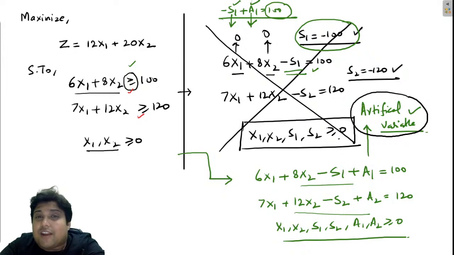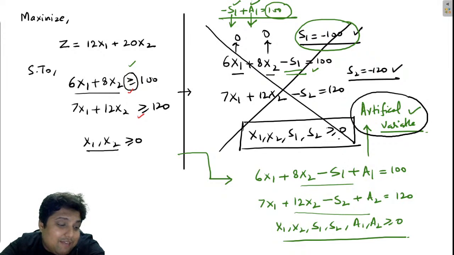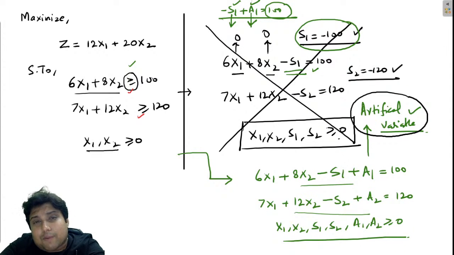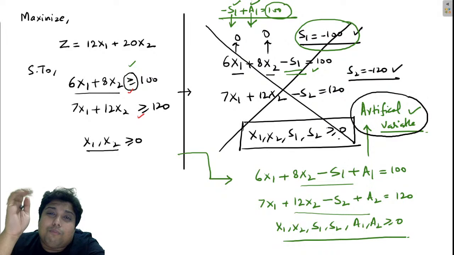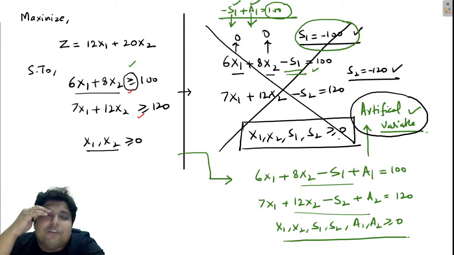So basically, my friends, the artificial variable that we have introduced has completely destroyed the significance of our problem. And this is a serious issue. In order to get the problem back, in order to find the essence, the significance of that problem, we will have to make sure that we eliminate this artificial variable.